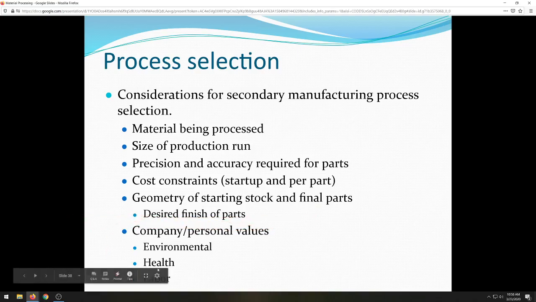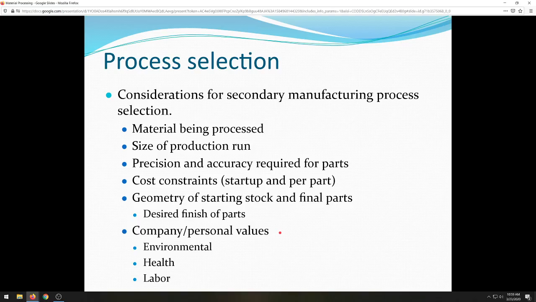And then last but not least, and this is the reason why I put this down toward the bottom, it's not often in consideration, but what are the personal values or the company values that they want to express? So like Starbucks talks about fair trade coffee and things like that, and they like to emphasize how well they treat their workers.